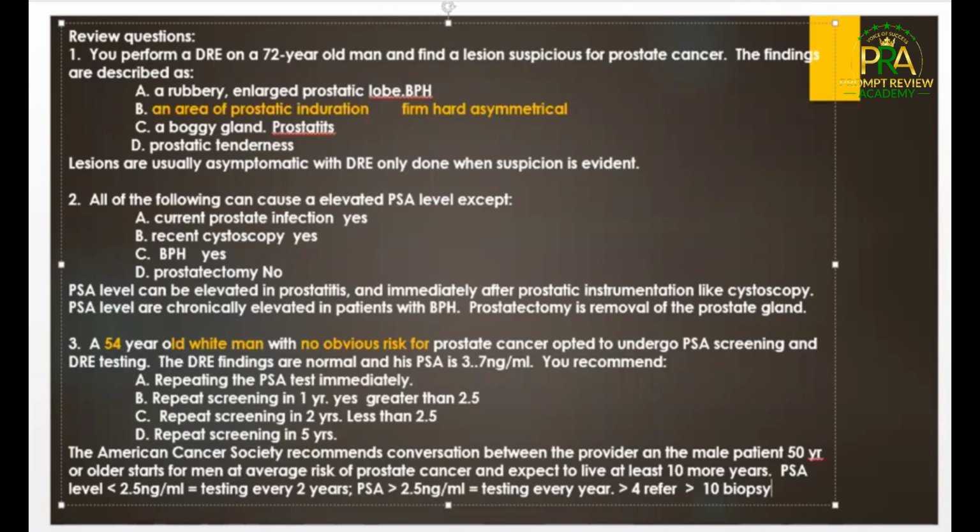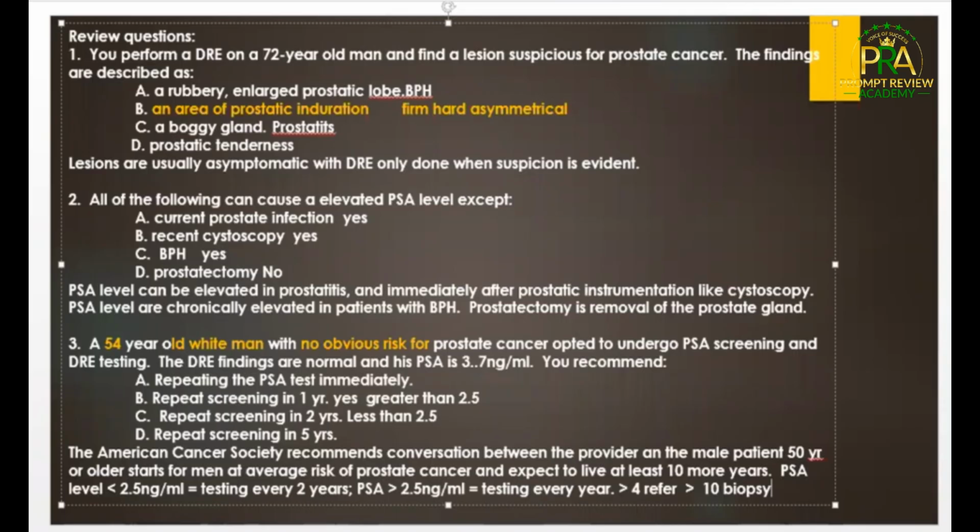Another thing you need to know is if they are on Proscar. Proscar helps to shrink the prostate. So if they're on Proscar, you are going to multiply the PSA by 2. So if your PSA is 3.7, for example, then you have to multiply it by 2. If your PSA is 2.5, then you have to multiply it by 2.